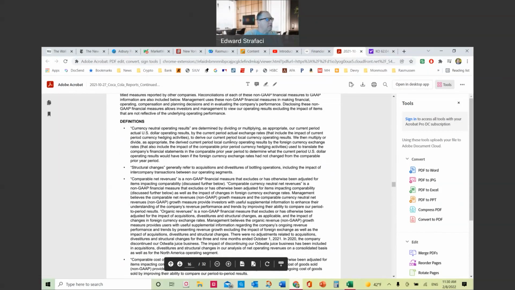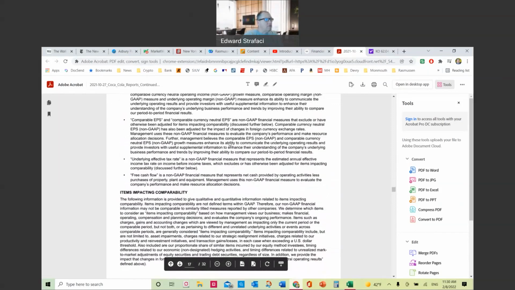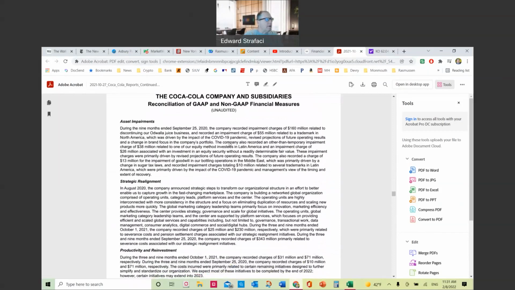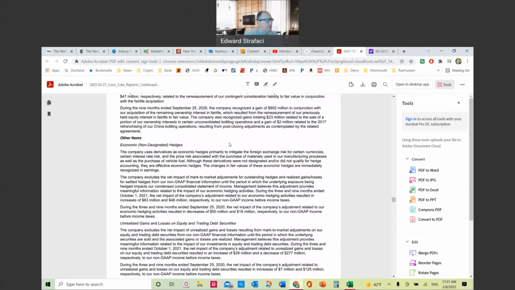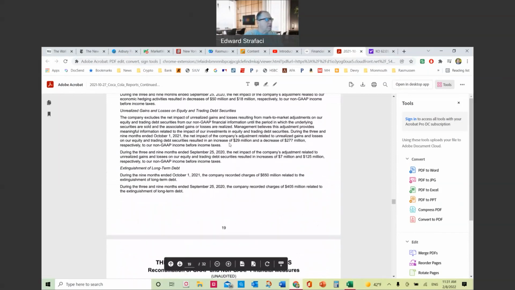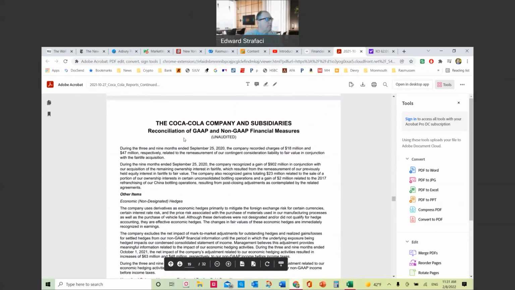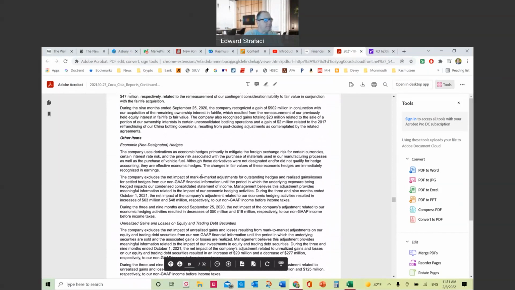And then obviously anybody who's really serious is going to read the footnotes. Footnotes are important. Footnotes are really important because you can learn a lot about a company by reading them carefully. Some stuff is going to be boring and boilerplate, but some stuff is really good. They talk about hedging, and we talked about hedging in other classes.